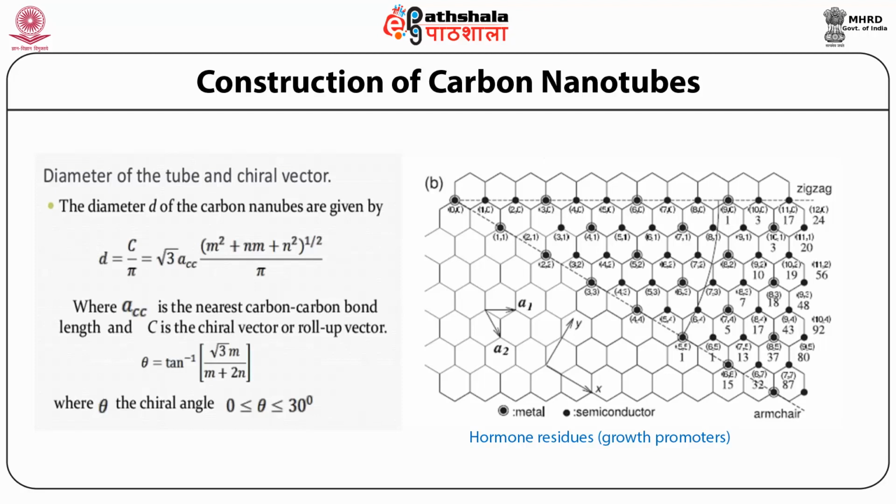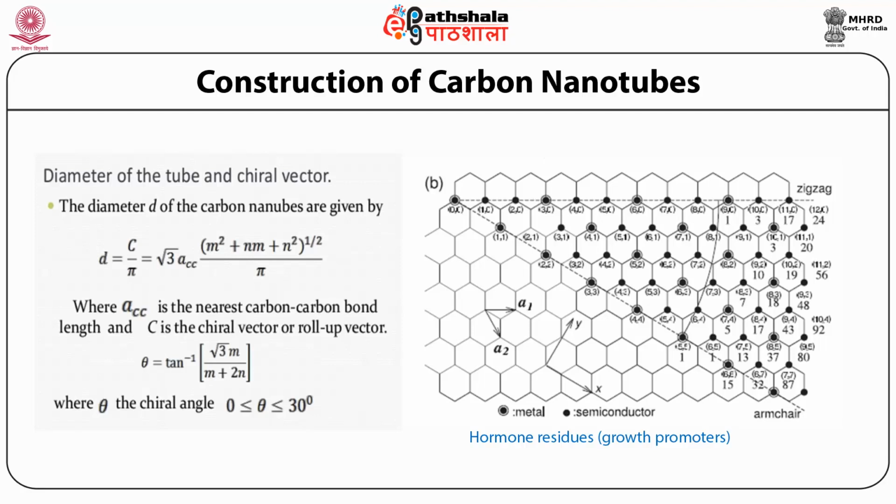This is based on the carbon-carbon distance and the integers n and m. So one can find the equation for determining the diameter of carbon nanotube as d is equal to C by pi, where C is the chiral vector.